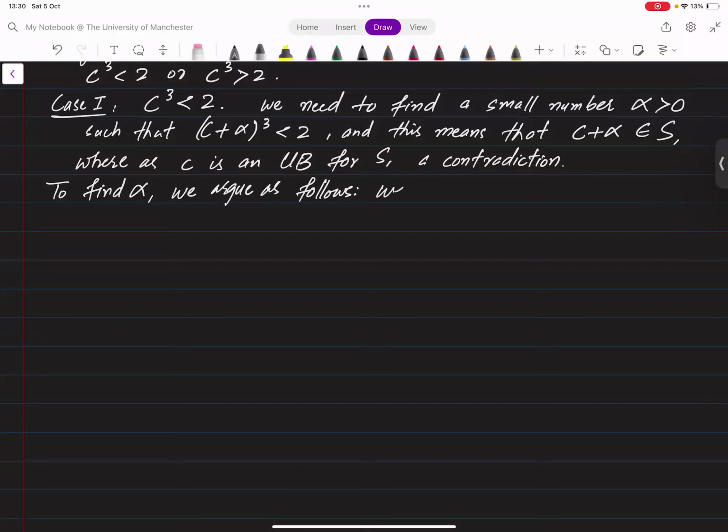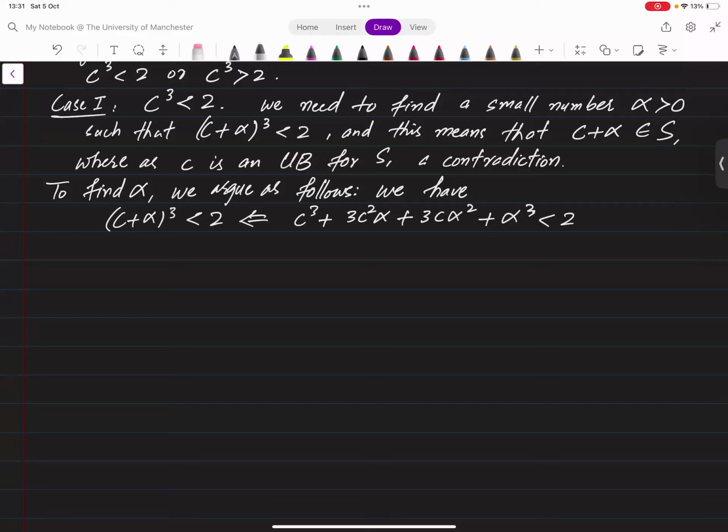We have (c plus alpha) cube is less than 2. But c cube plus 3c square alpha plus 3c alpha square plus alpha cube is less than 2.